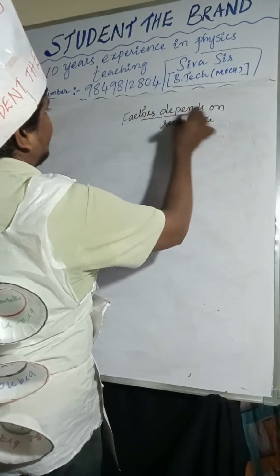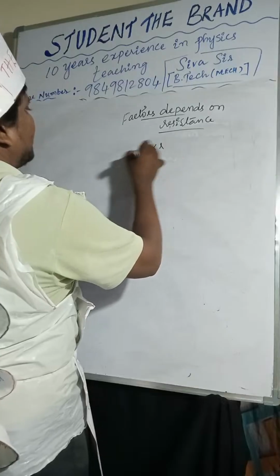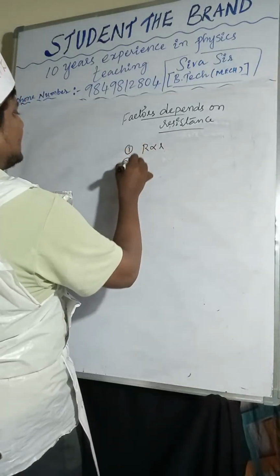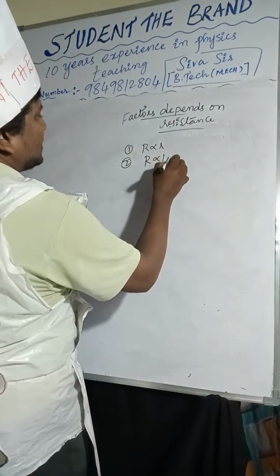Resistance depends on the length of the conductor. Resistance depends on the area of cross section.